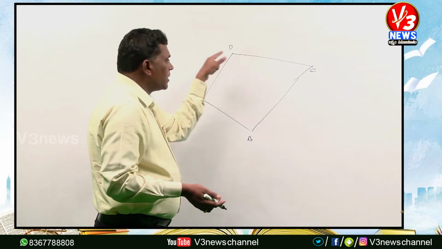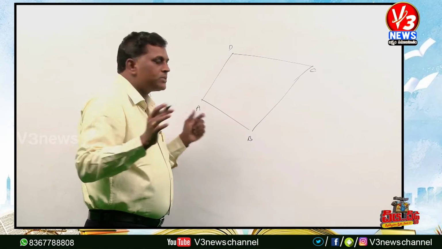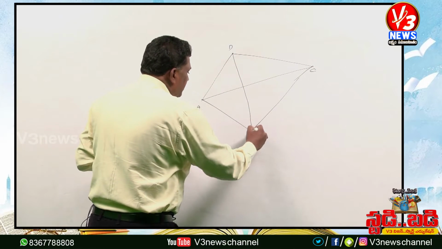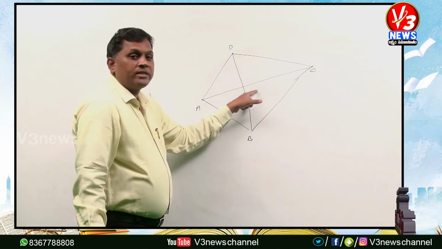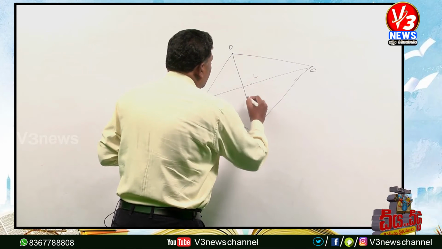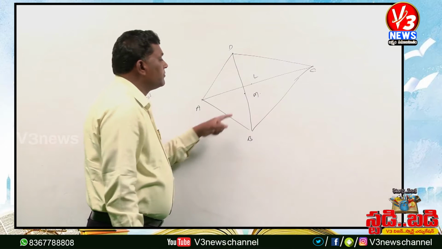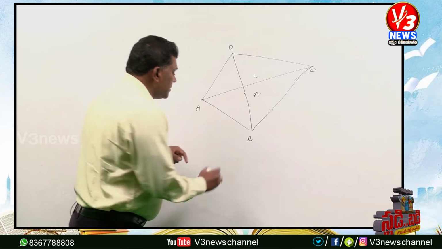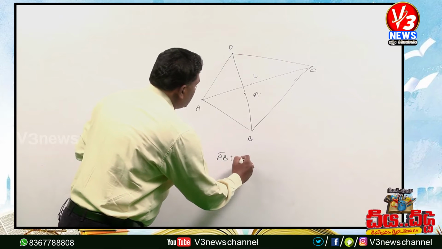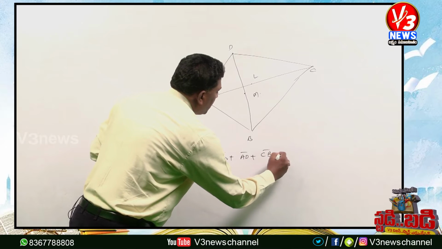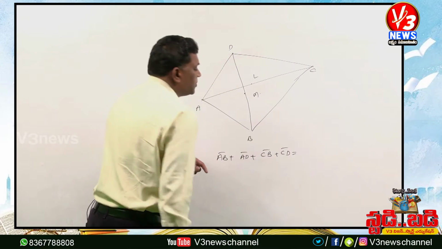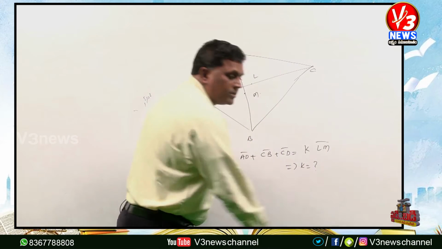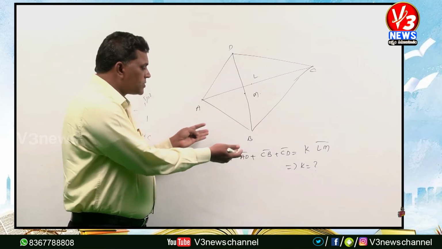In quadrilateral ABCD, suppose the midpoints of diagonals AC and BD are L and M. Then AB bar plus AD bar plus CB bar plus CD bar can be proved equal to some K times LM bar. Then what will be the value of this K? You can expect a question like this.